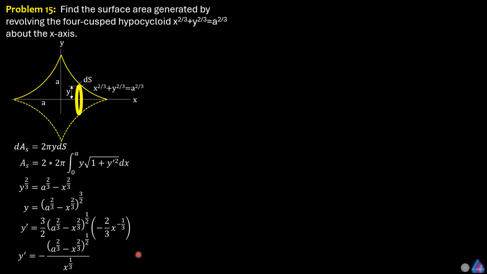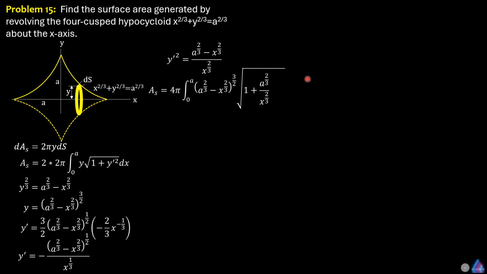Then squaring, because the value inside is y prime squared, the square of this is a to the 2/3 minus x to the 2/3 over x to the 2/3. Substitute into the formula here. So area S is 4 pi integral from 0 to a of the quantity a to the 2/3 minus x to the 2/3 raised to 3 halves, which is y, then the square root of 1 plus y prime squared.